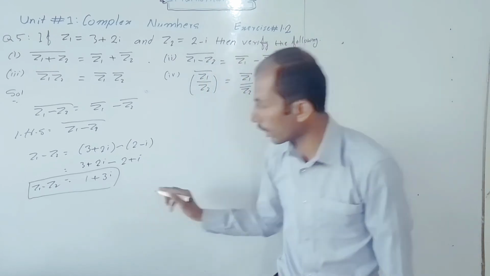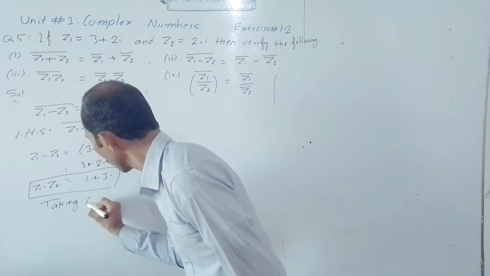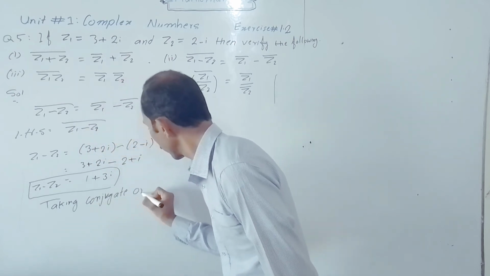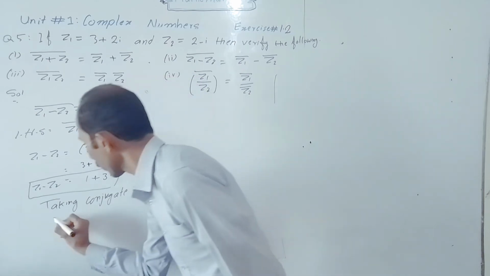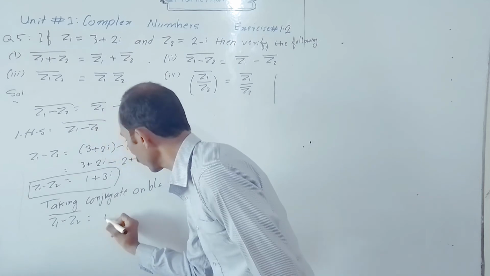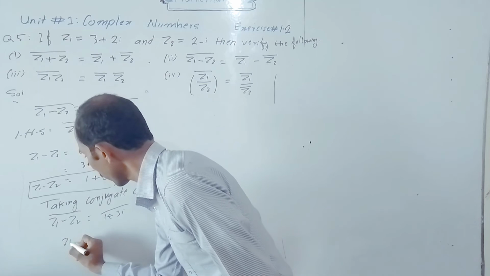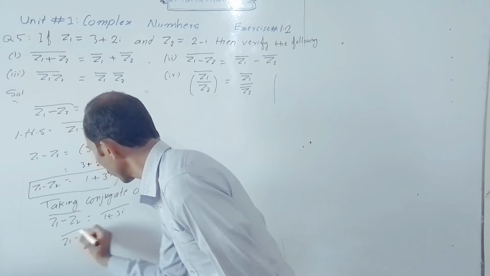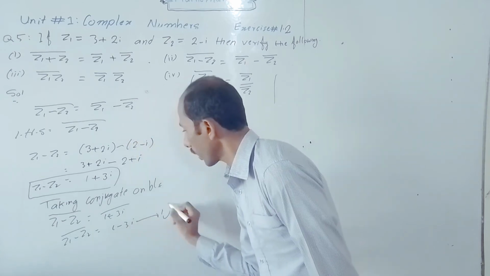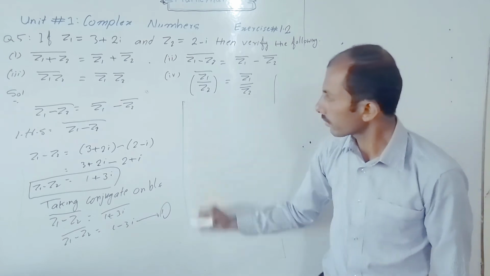Taking conjugate on both sides, Z1 minus Z2 whole conjugate is equal to 1 plus 3 iota whole conjugate, which is equal to 1 minus 3 iota. Equation number 1.